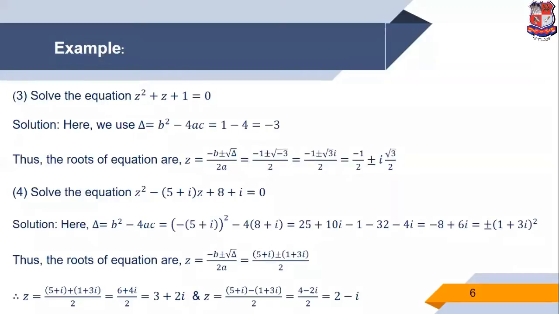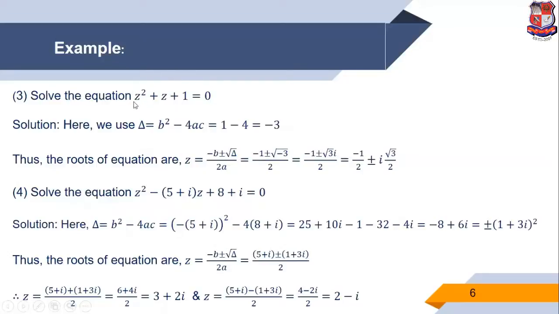Now, some examples. This is important. If given a simple question, solve the complex equation z square plus z plus 1 is equal to 0. Basically we apply the delta method for solving this type of example.